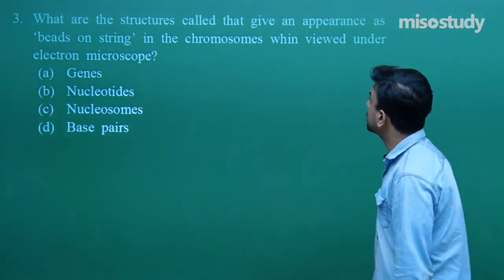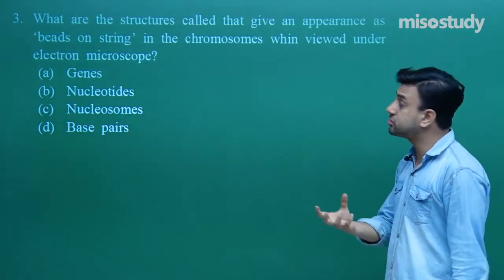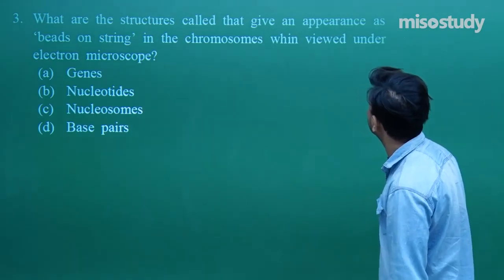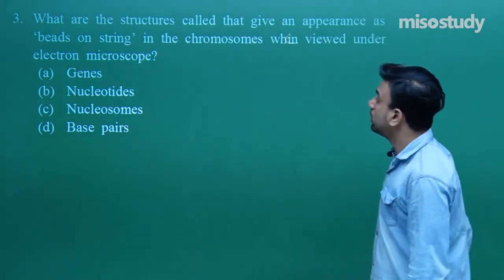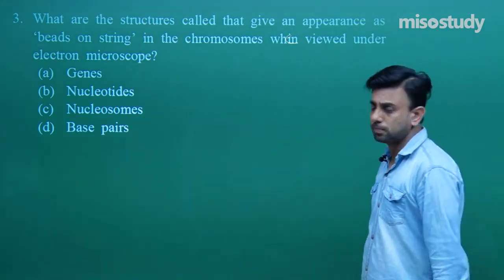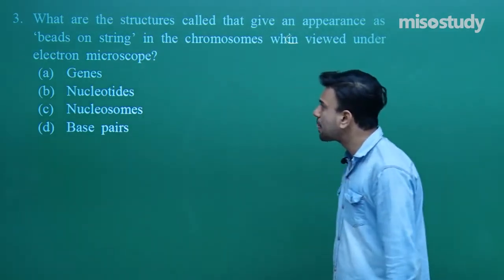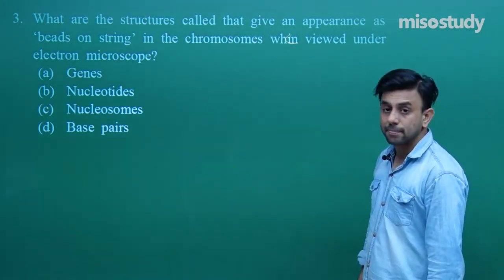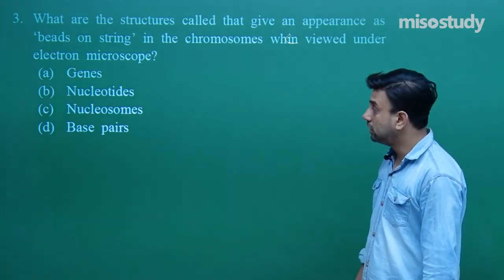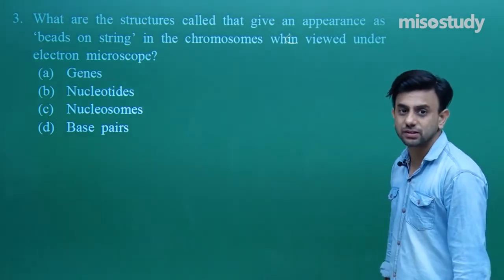What are the structures called that give an appearance as beads and string in the chromosomes when viewed under the electron microscope? The genes, the nucleotides, the nucleosomes and the base pairs.